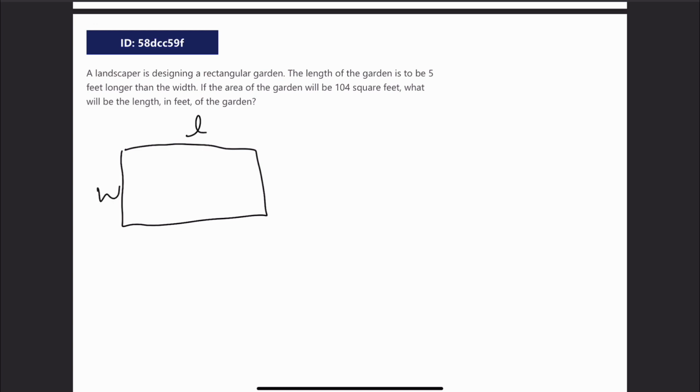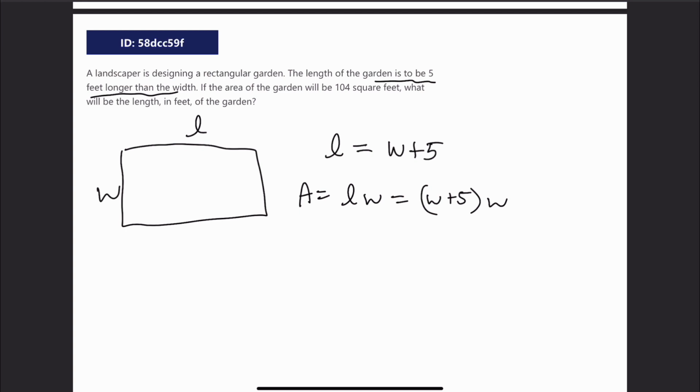The question says that the length is equal to width plus 5, as the length is 5 feet longer than the width. And the area of this garden will be length times width, which is equal to (w + 5) times w, and this is equal to 104.